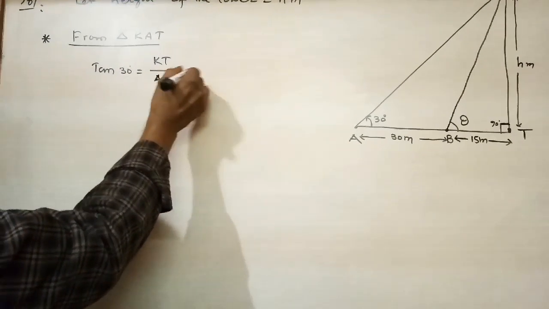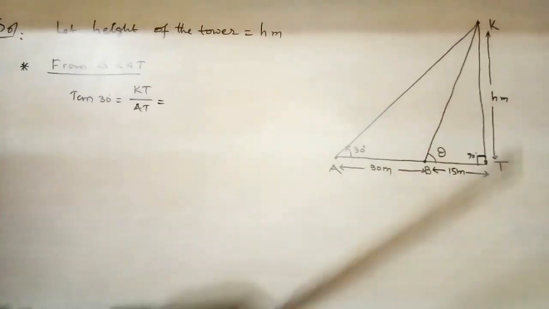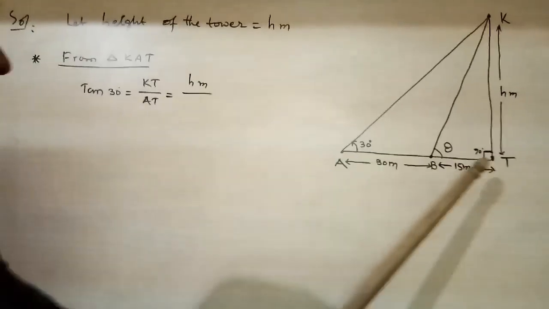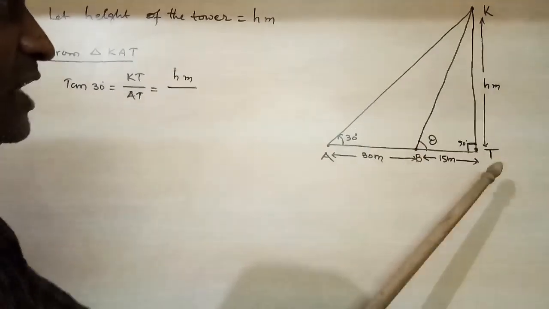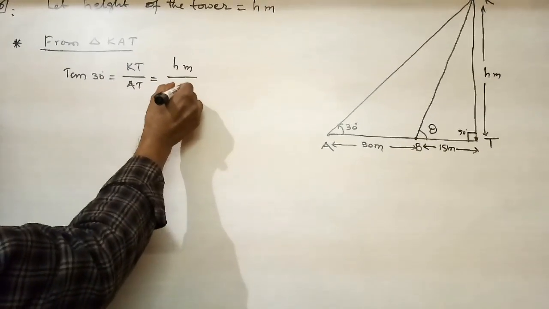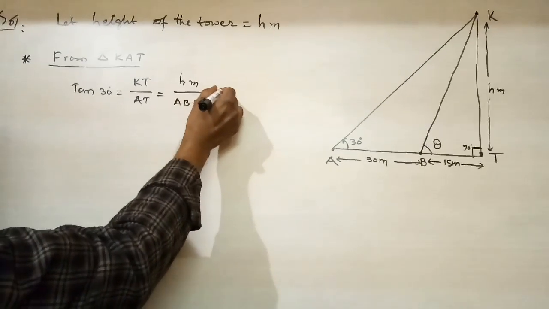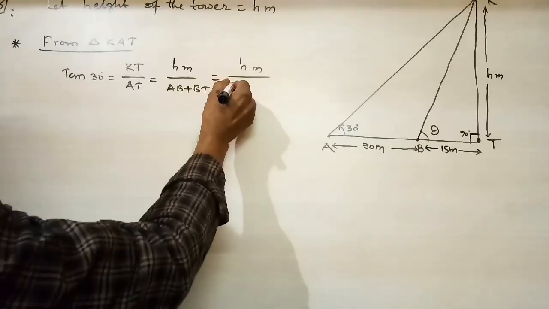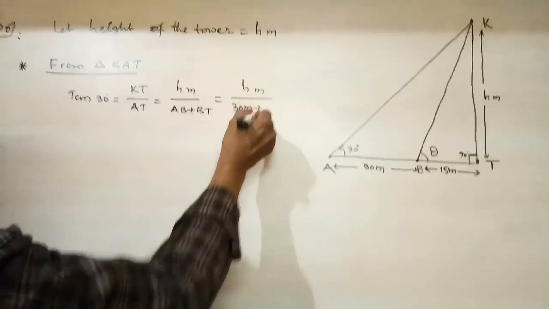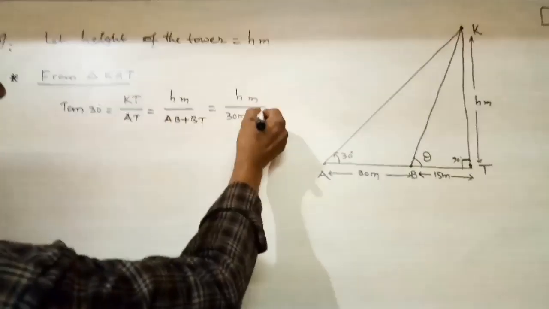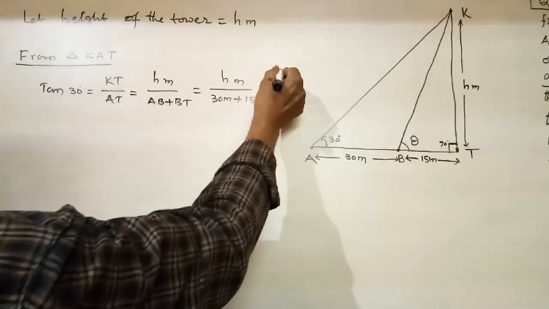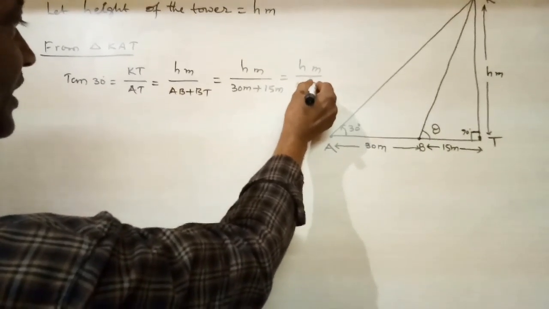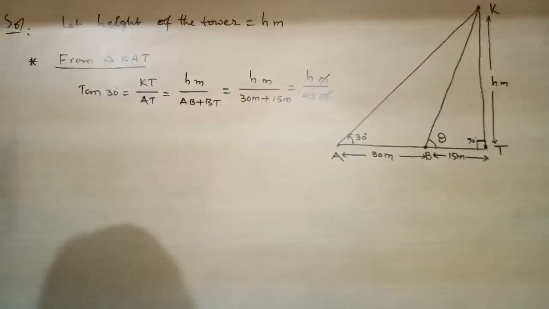KT is unknown, that is h meters. AT is AB plus BT, where AB is 30 meters and BT is 15 meters. So tan 30 degrees is h by 30 plus 15, that is h by 45. The meters cancel.